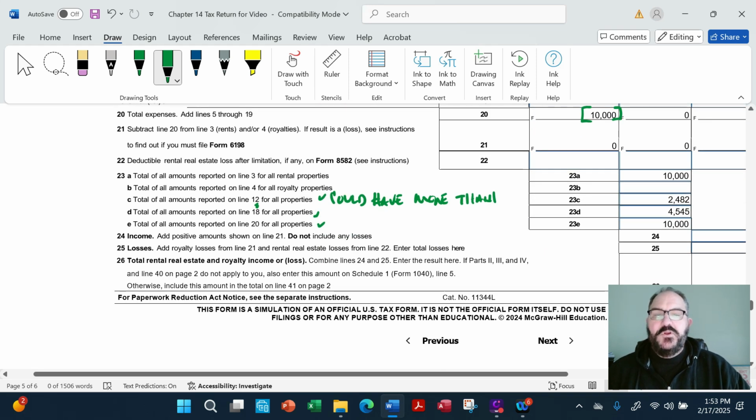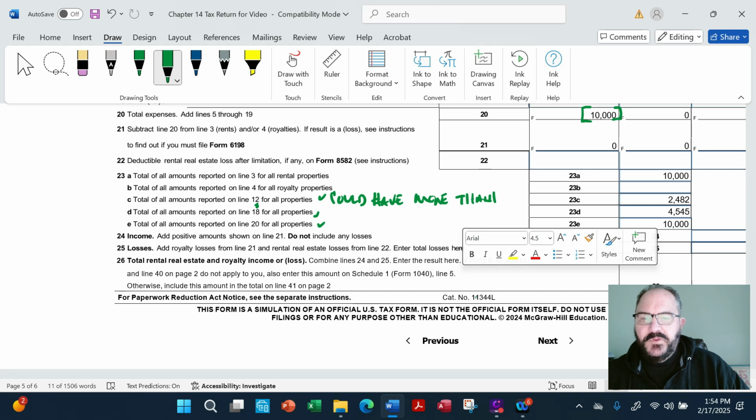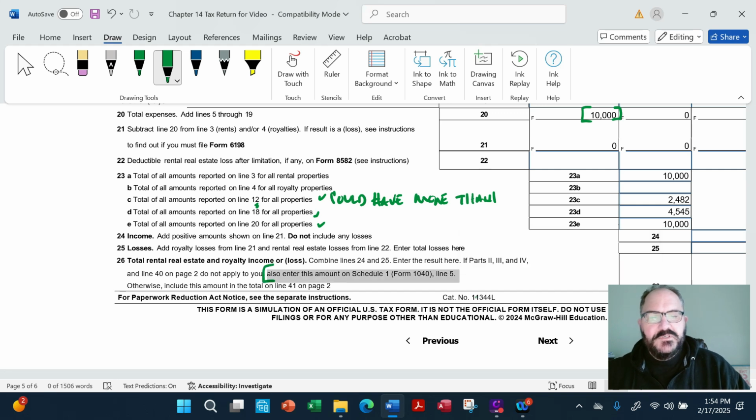Okay, and then if you notice the Schedule E, when you get down, where does it show here? Notice here, also enter this amount on Schedule 1, line 5. So you see this right here? Schedule 1, for those of you that don't know, this is other income.